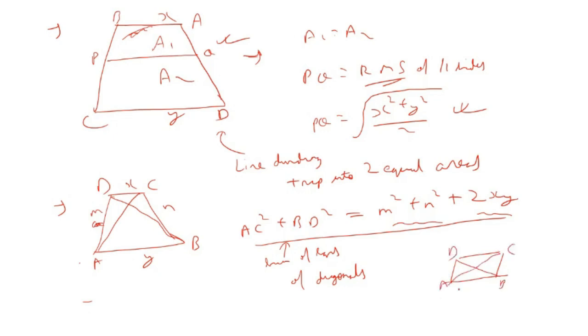We'll cover this when we talk about quadrilaterals as well. AC square plus BD square will be equal to AB square plus BC square plus CD square plus AD square. For a trapezium, the sum of squares of diagonals will be equal to the sum of squares of non-parallel sides plus 2 into the product of parallel sides.